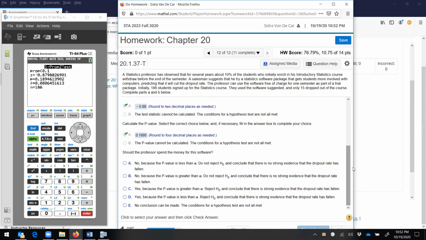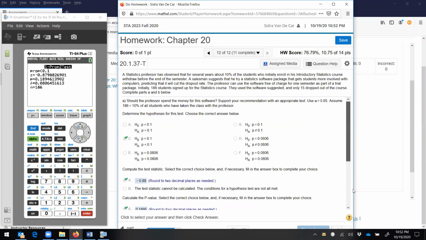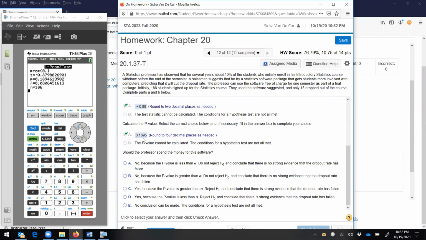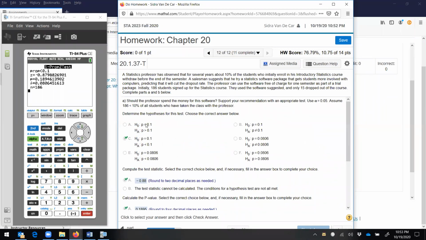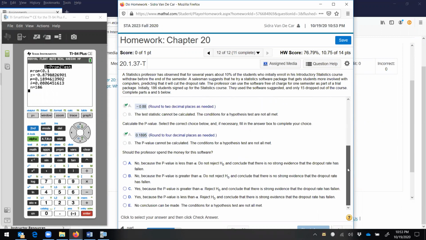All right, well, notice we were testing at alpha equals 0.05. This is bigger than 0.05. So since it's bigger, we're not going to reject. We're going to fail to reject the null hypothesis. So if we fail to reject this, we're saying we didn't really see a change from the 10% dropout rate. So no, we should not buy the software because the p-value is greater than alpha. We do not reject the null and conclude there's no strong evidence that the dropout rate has fallen.